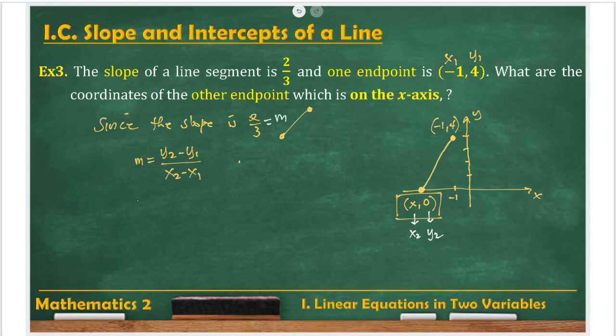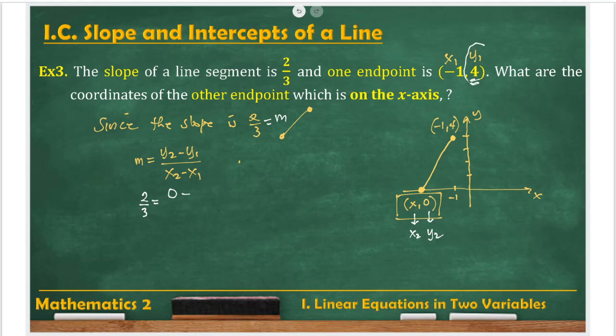So m is equal to 2/3, is equal to y sub 2. What is our y sub 2? It's equal to 0, minus y sub 1, which is 4 here.